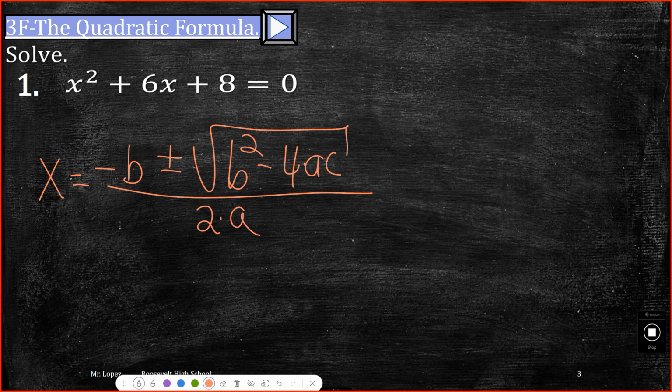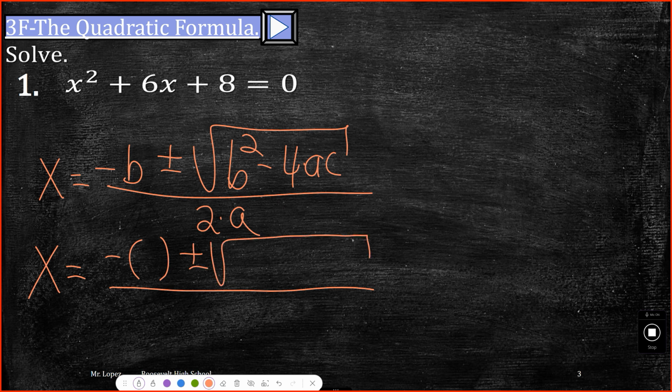But even when I give you the key, the formula to solving that, people can't put in numbers, can't do order of operations. Let's see. Negative, you're going to plug in b, plus or minus the square root of b squared minus 4 times a, you plug in a, you plug in c, over 2 times a.